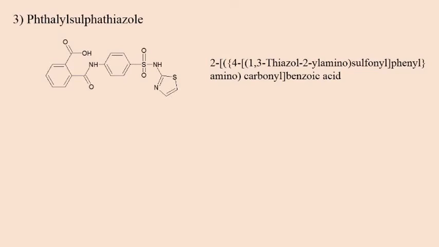So the IUPAC nomenclature will be 2-[[4-[(1,3-thiazol-2-yl amino)sulphonyl]phenyl]amino]carbonyl]benzoic acid. So this part is your parent structure, and everything remaining we have considered as a substitution.